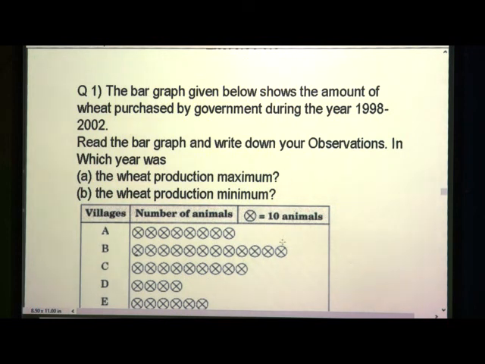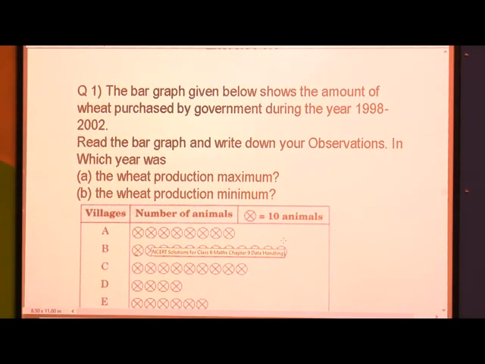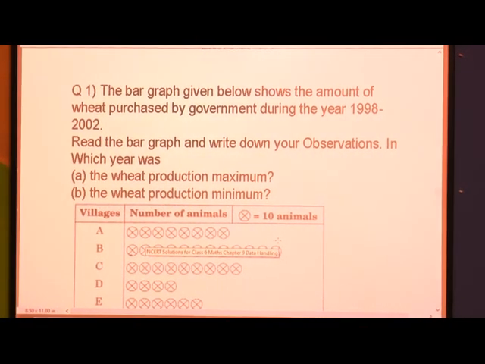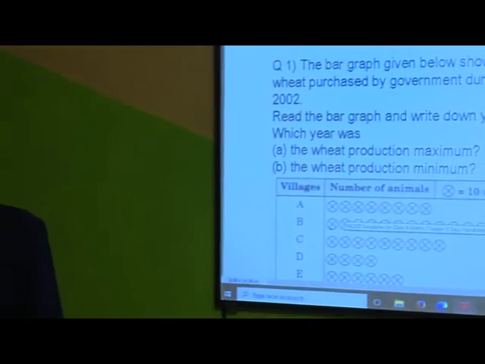So students, till now we have seen examples from exercise 9.1 and exercise 9.2, wherein we solved the representation of data using various methods, using tally marks, where a table is given and we need to gather the data from the table and arrange it using tally marks.